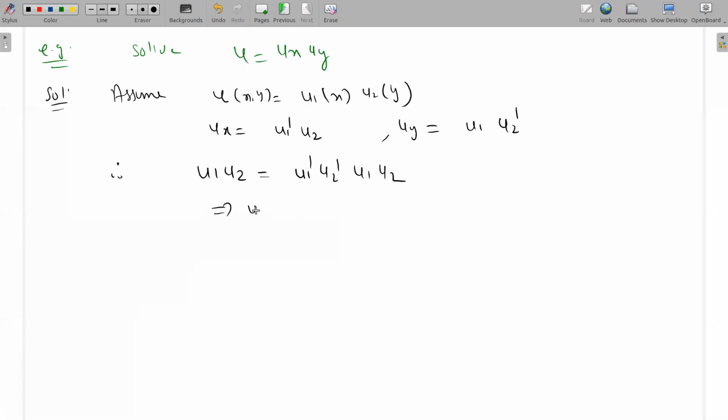So what did you get here? u1 dash equals 1 by u2 dash. Same argument: left hand side depends only on x, right hand side only on y, so both sides are constant, you can take them as a.